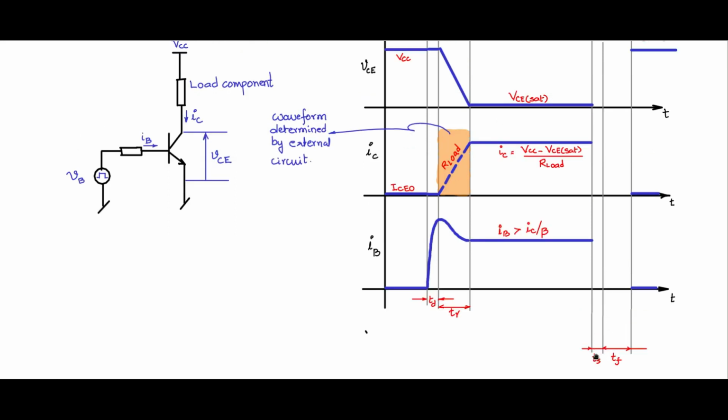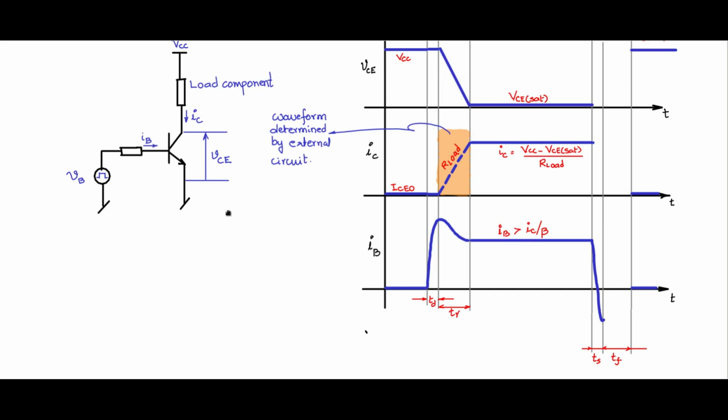So during the storage time, there are stored charges in the base, and they have to be removed. Only then will the onset of transition begin. So how should the base current be? During this period, the base current should go negative. For you to remove the stored base charges, there should be a path for the base current going out of the base region.